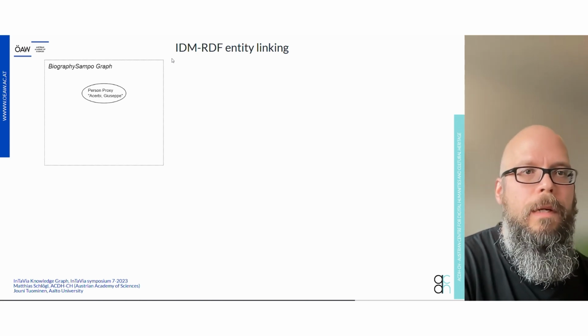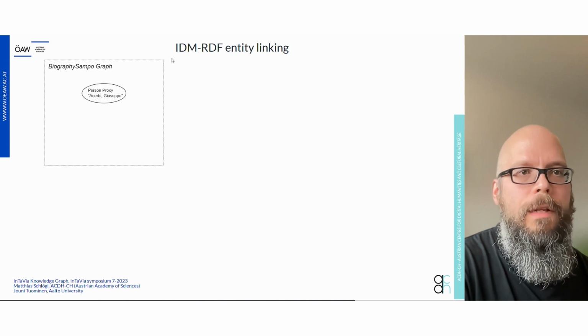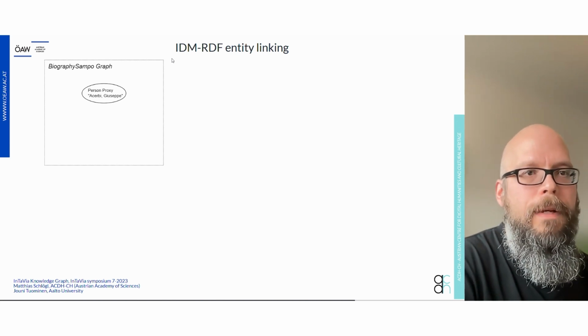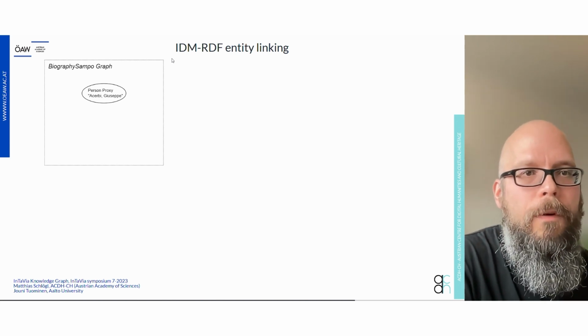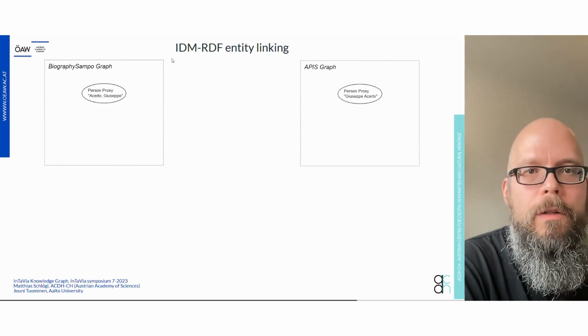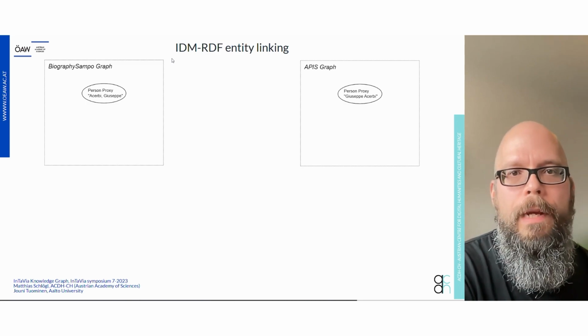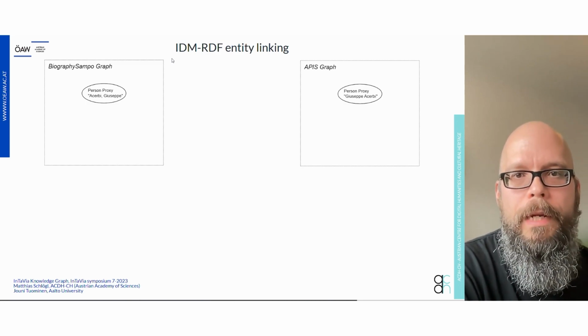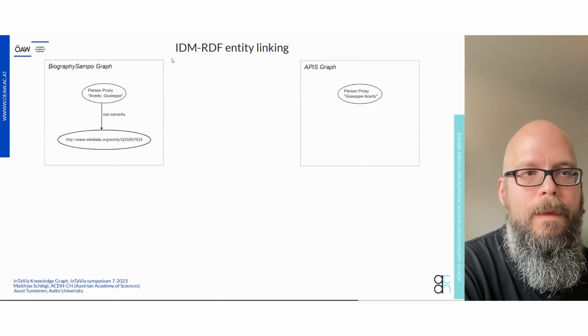And then how is this entity linking done? Well, here's one example of that. Firstly, we have data from the Finnish biographies. So we have a person proxy for Giuseppe Acerbi. And then we also have from the Austrian biography person information regarding Giuseppe Acerbi.